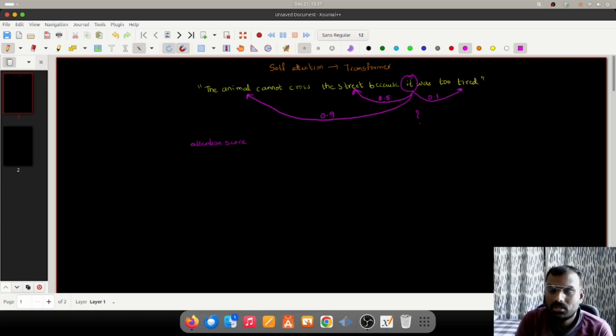Here the numbers are not randomly generated, they are calculated and given. It will give the context, the semantic meaning of the relationship between the two words. So the probability of connection or relationship between the word it and animal is 0.9. That means it is referring to animal. This is called the attention score.